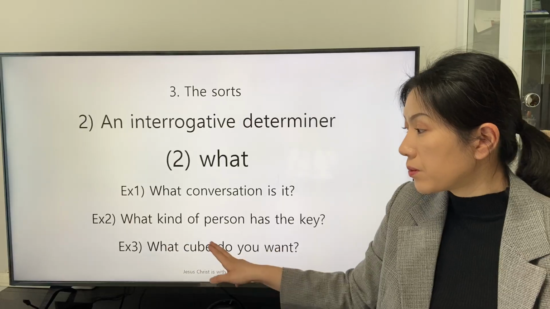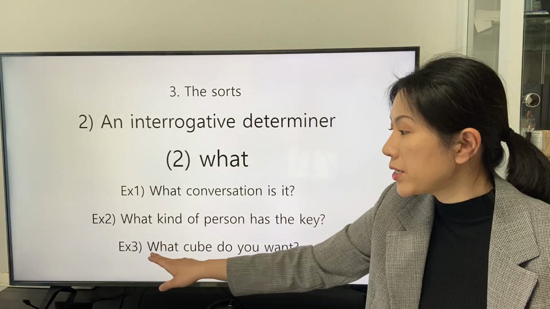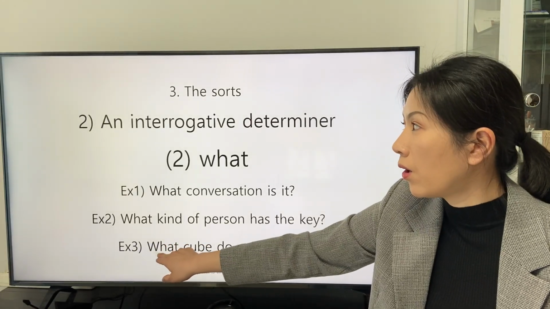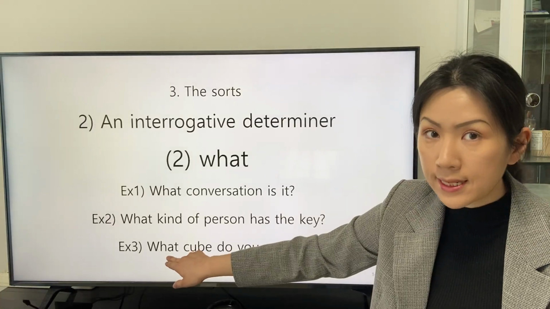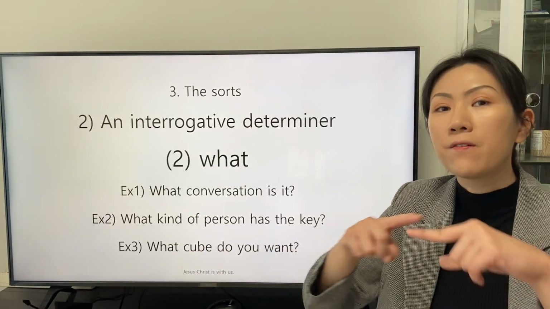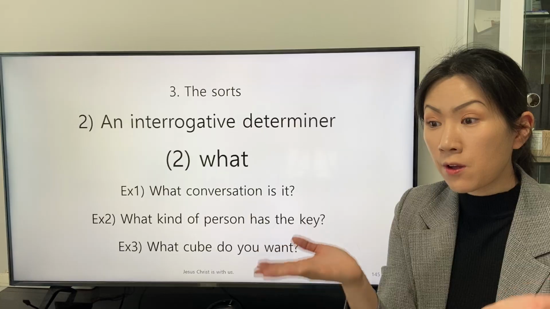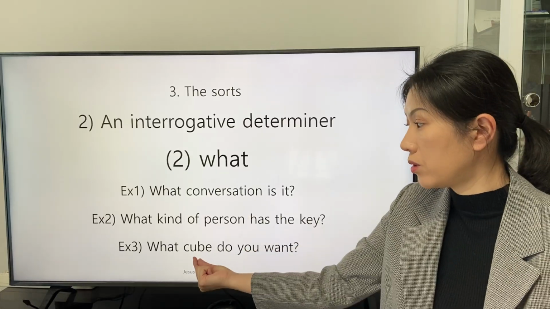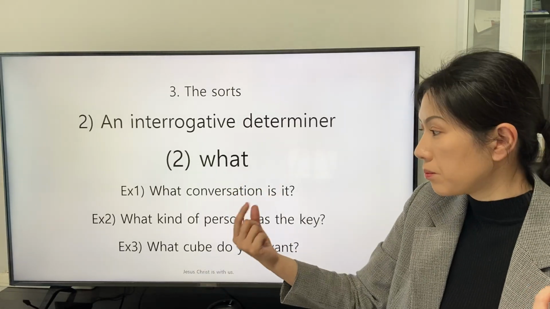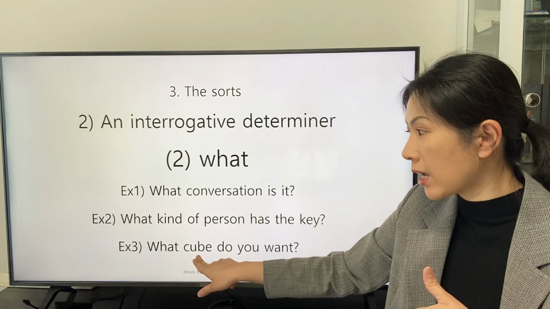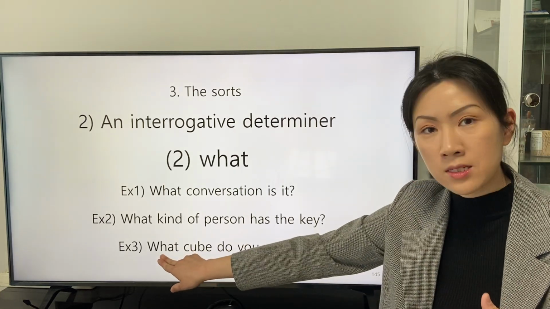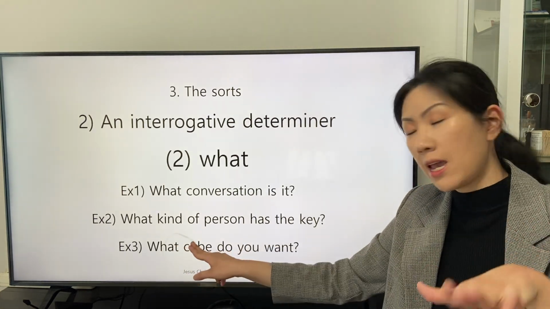And this combination, the interrogative determiner what and the general noun cube, forms a phrase of a general noun, because this word is an indication and this word is a descriptive word for the indicative word cube.